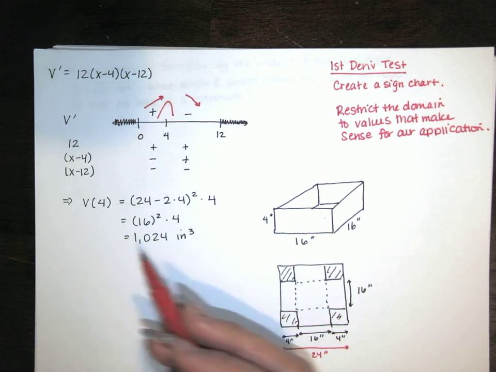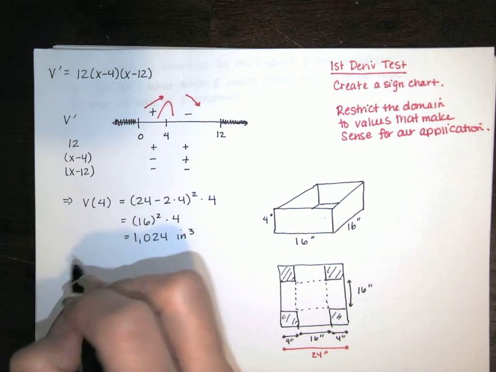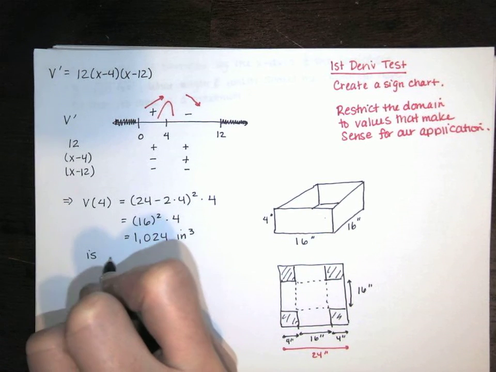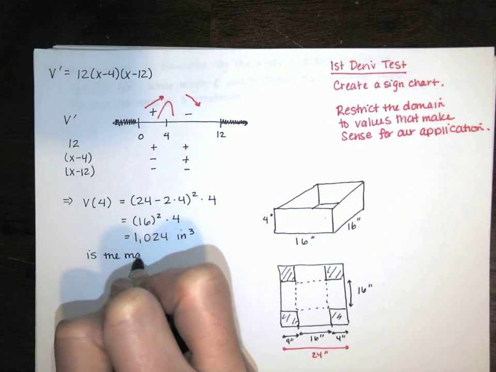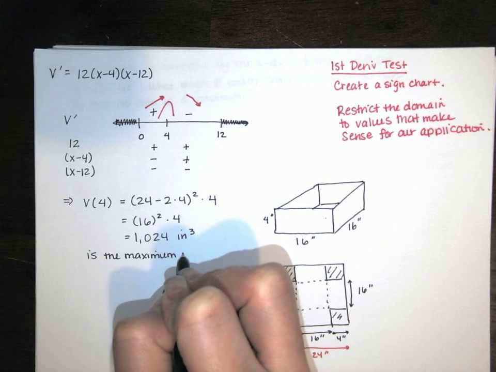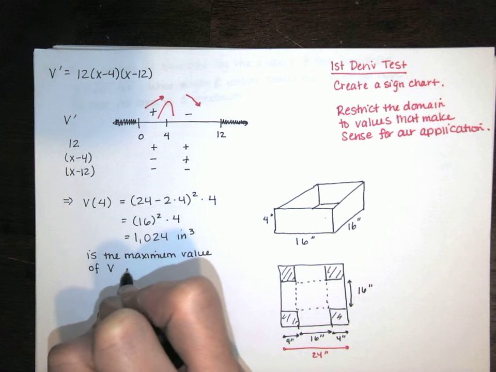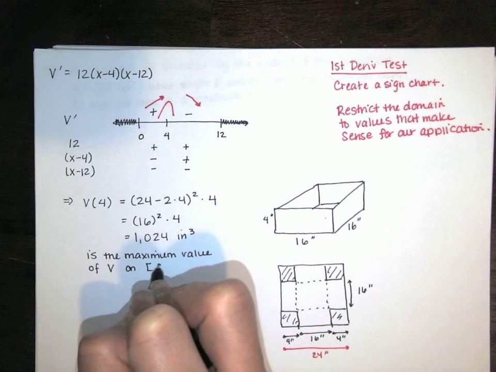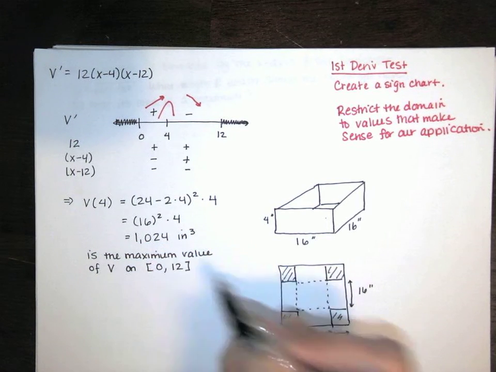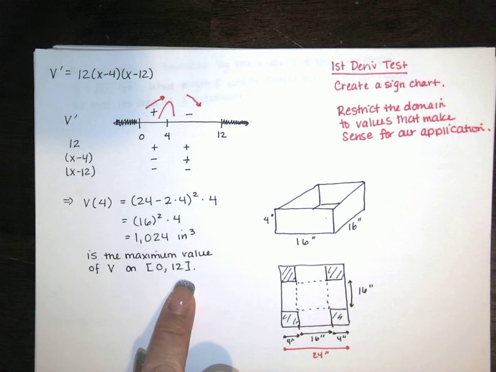And then we found the maximum value. So we said v of 4, which is this, is the maximum value of v on the interval from 0 to 12. And if you're saying, what about at 0 and what about at 12?